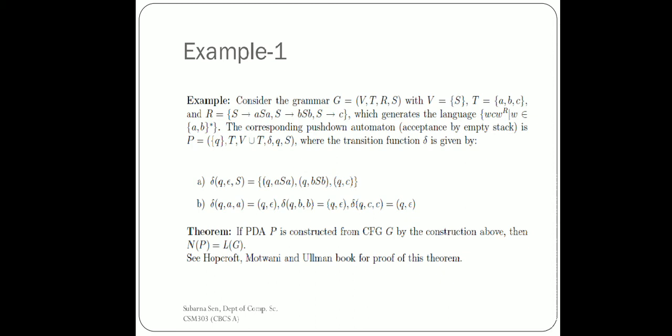Whenever the ID is Q, A, A, it will give an output of Q epsilon. If it is BB, it will give the same thing. If it is CC, it will give the same thing. Okay, now one theorem is there. The proof is not important, so I have left it for you. You can follow the book we are following.